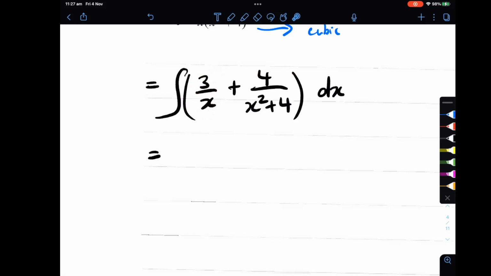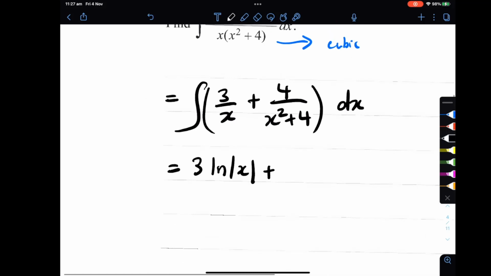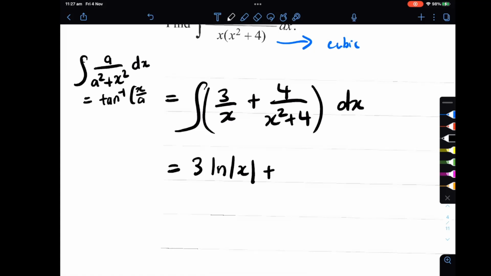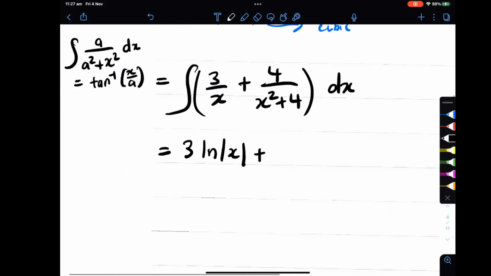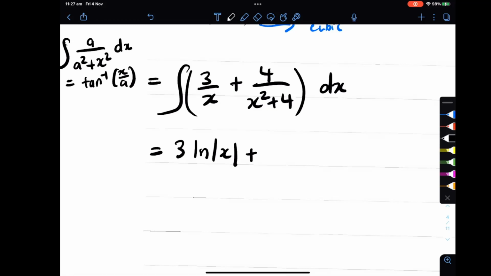Okay, so this looks fairly easy to integrate. This here is just going to become a natural log. Like that. And then this here, it's going to become tan inverse. So in actual fact, remember that tan inverse goes like this. That there becomes tan inverse of x over a. So this 4 is actually a little bit misleading. So what we need to do instead is bring out a 2.